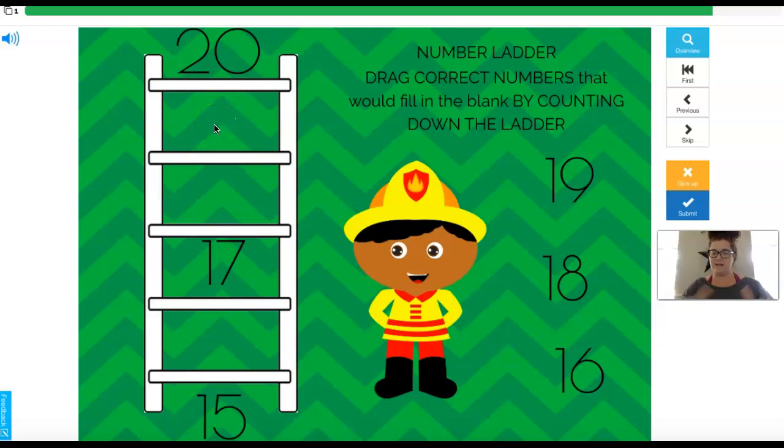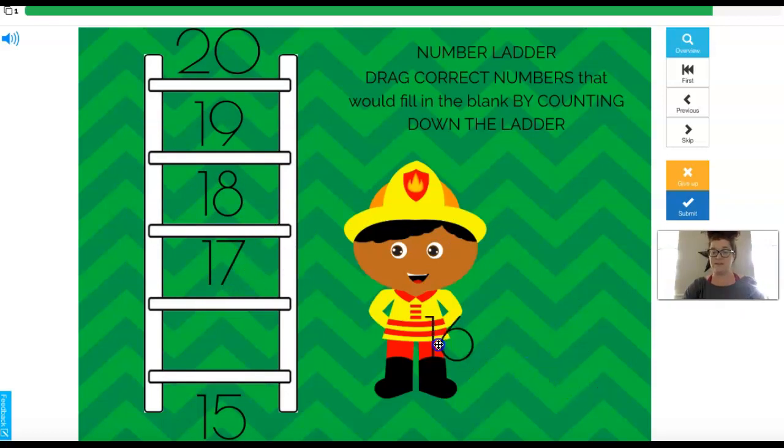If I'm looking at a number line, 1 less than 20. 19. And I still have this blank space, so what's 1 less than 9? 8, so 18 goes here. And I look up here, and what's 1 less than 7? I only have one choice left. So 16 goes here. Let's check.